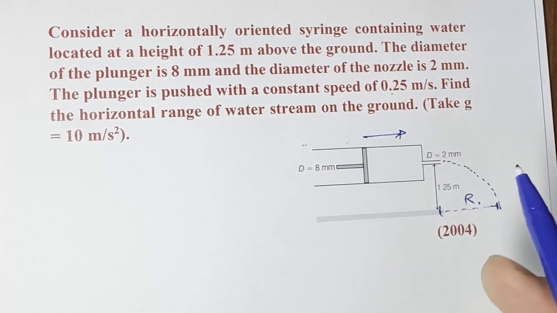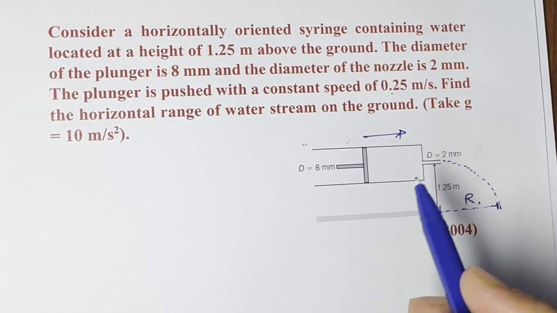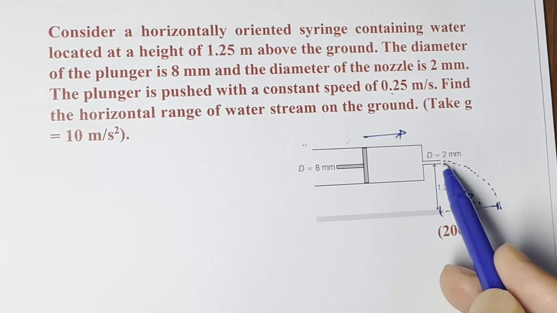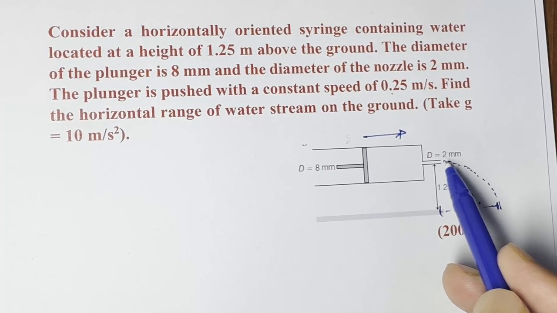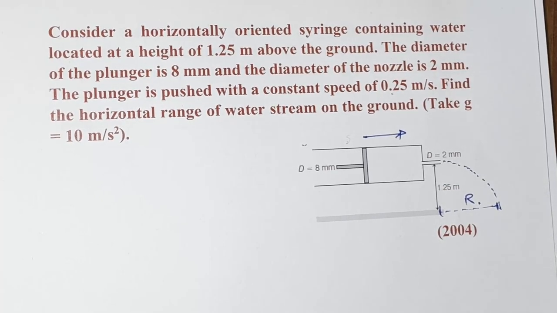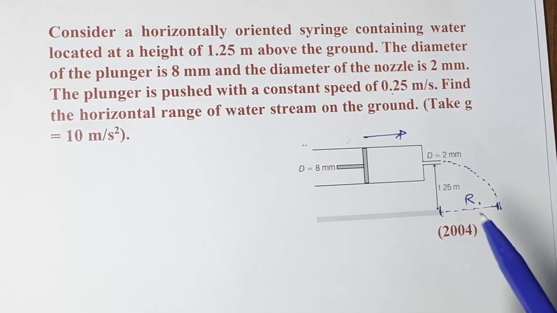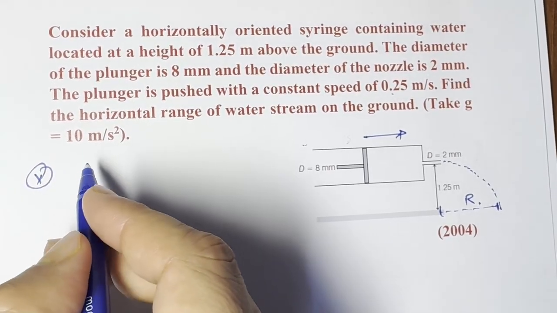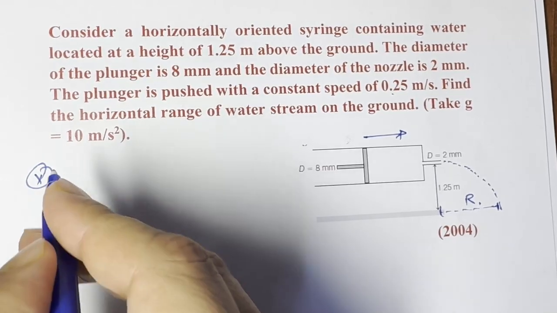For that we are going to use the equation of continuity, which will give us the velocity of the water coming out of the nozzle, and then we can pursue the later terms using the projectile equations. So first of all, let us find the water velocity at the nozzle.